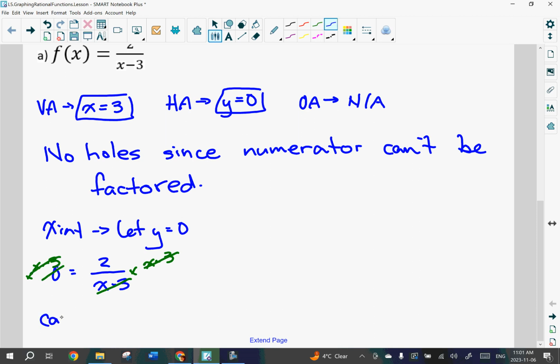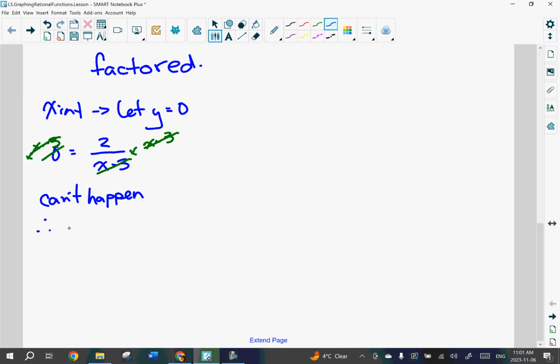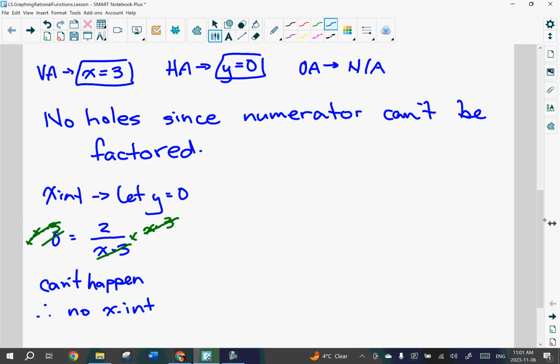Can't happen. Therefore, no x-intercept, which makes sense because that's where the horizontal asymptote is. So your graph is never going to cross at the x values. We just proved it mathematically.